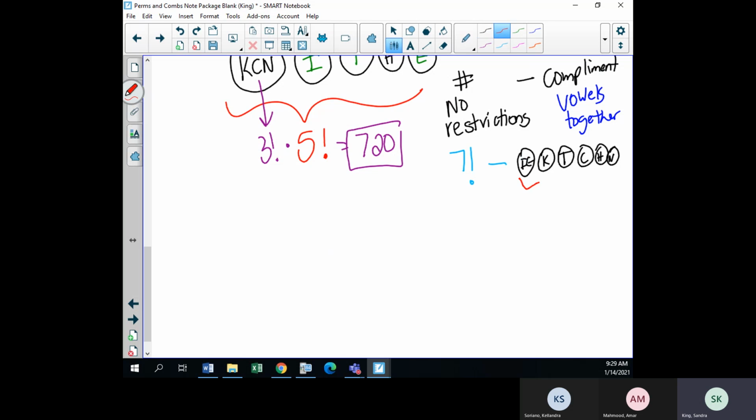So there are 1, 2, 3, 4, 5, 6 different discs, and this one here could be IE or EI, so there are 2 arrangements there. So vowels together would be 2 factorial times 6 factorial, and whatever that answer is, you'd subtract it from 7 factorial. So type that in your calculator and see what you get.